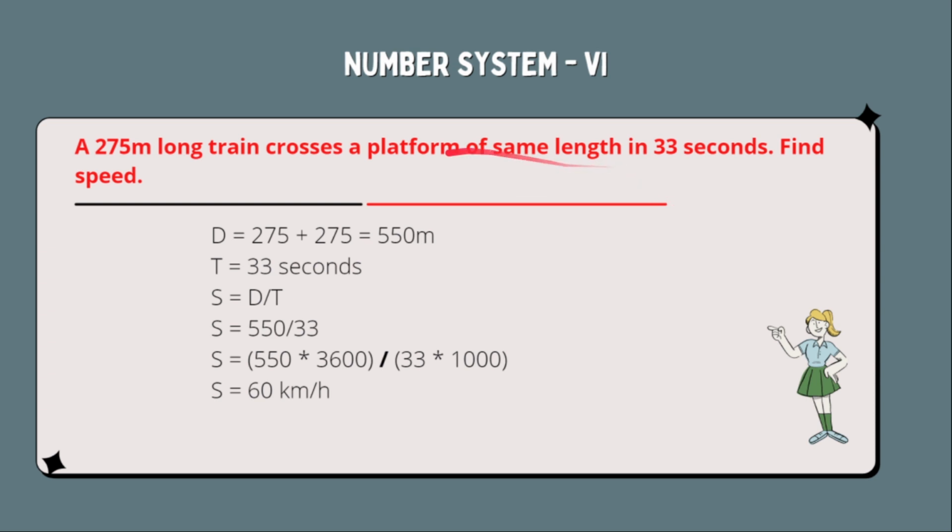But here the length is same for both, so we cannot neglect anyone. Means total distance is 275 plus 275, which is 550 meter. Time is 33 seconds. Again both are in meter and second. Speed equal to distance by time, or 550 by 33. Again you convert this into kilometer per hour and then you get s equal to 60 km per hour.